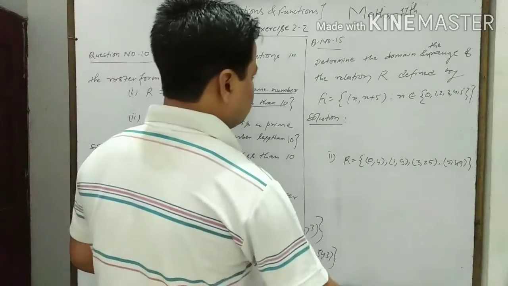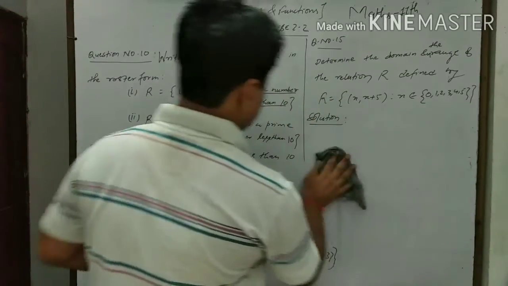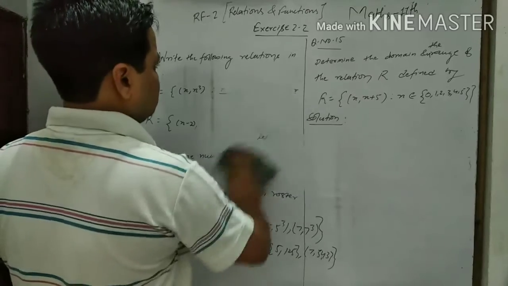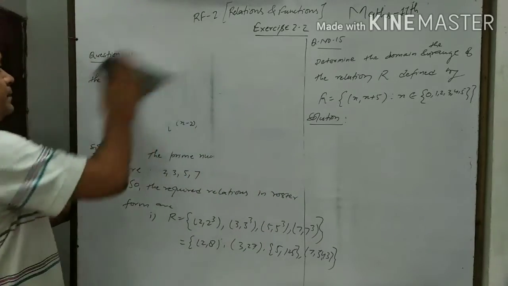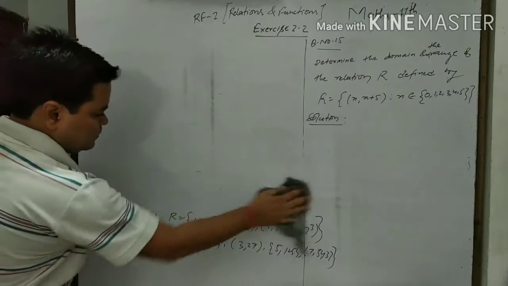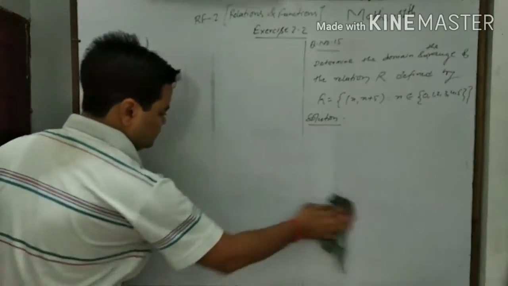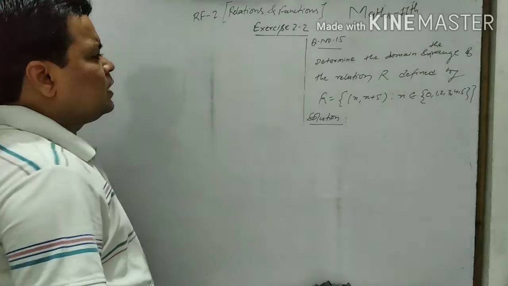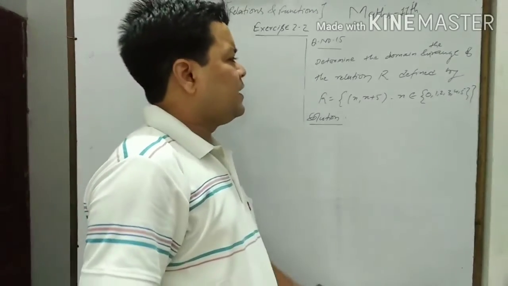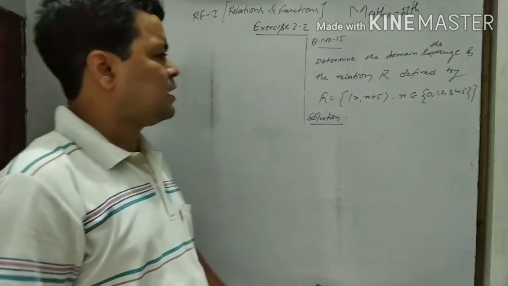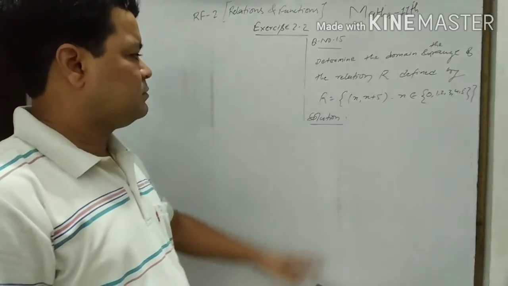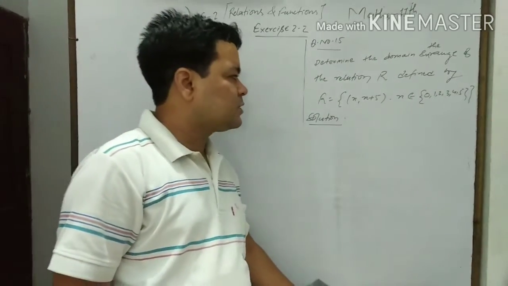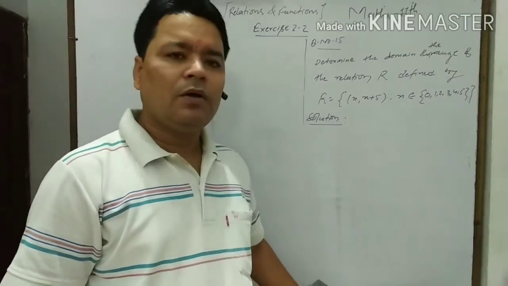Now let us see question number 15. Determine the domain and the range of a relation R defined like this way, where x belongs to 0, 1, 2, 3, 4, 5.